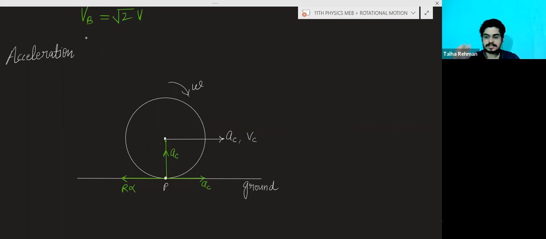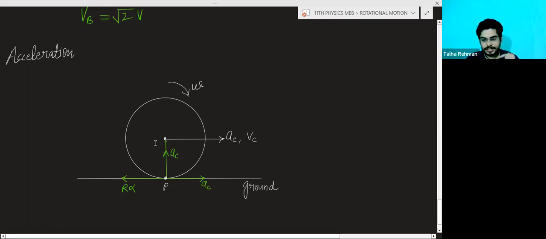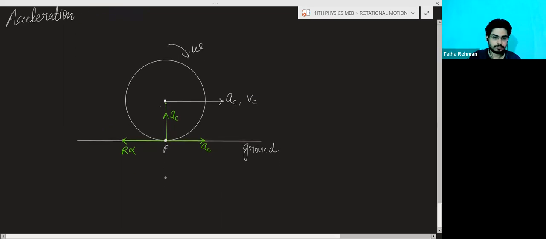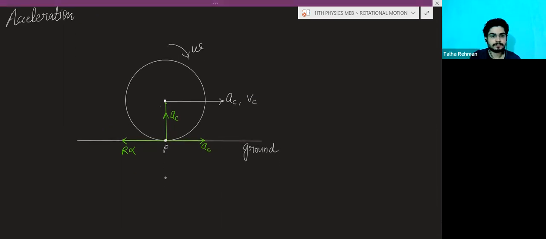Now, in this case, for the condition of pure rolling, the acceleration of point P with respect to ground should be 0. Acceleration of point P with respect to the ground should be 0 for pure rolling.